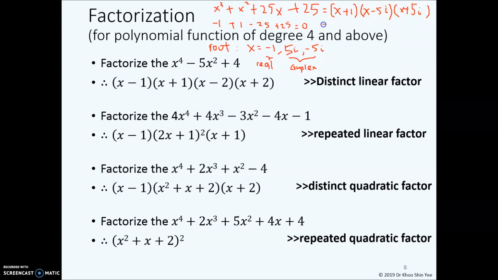So therefore, multiply it to get the quadratic form. In a linear factor, this value shouldn't be a complex number. So we have to convert this into quadratic format. When you perform it, you should get the final answer to be this.